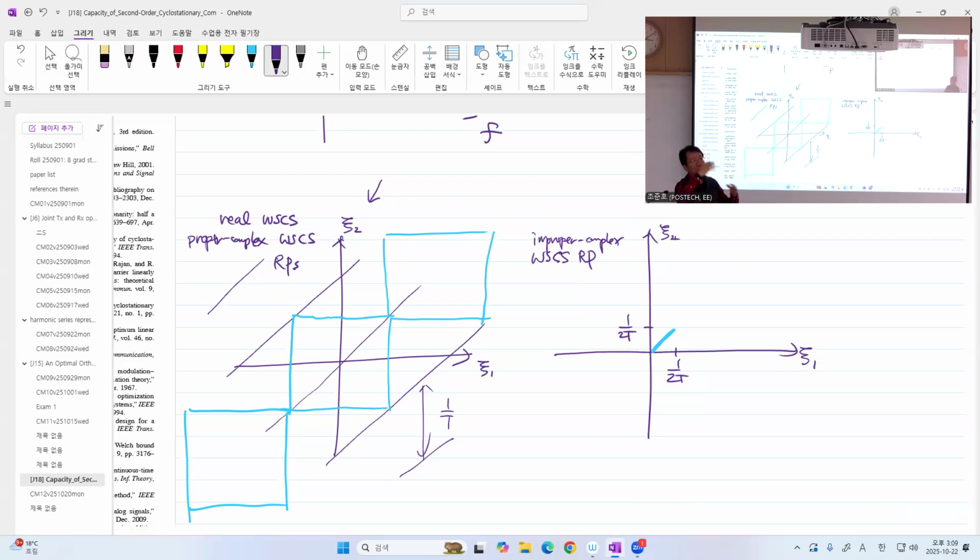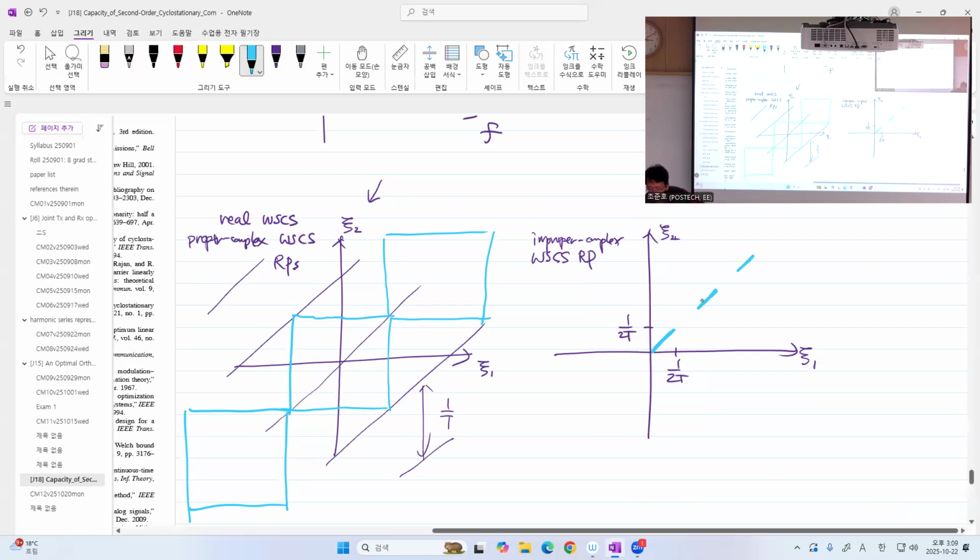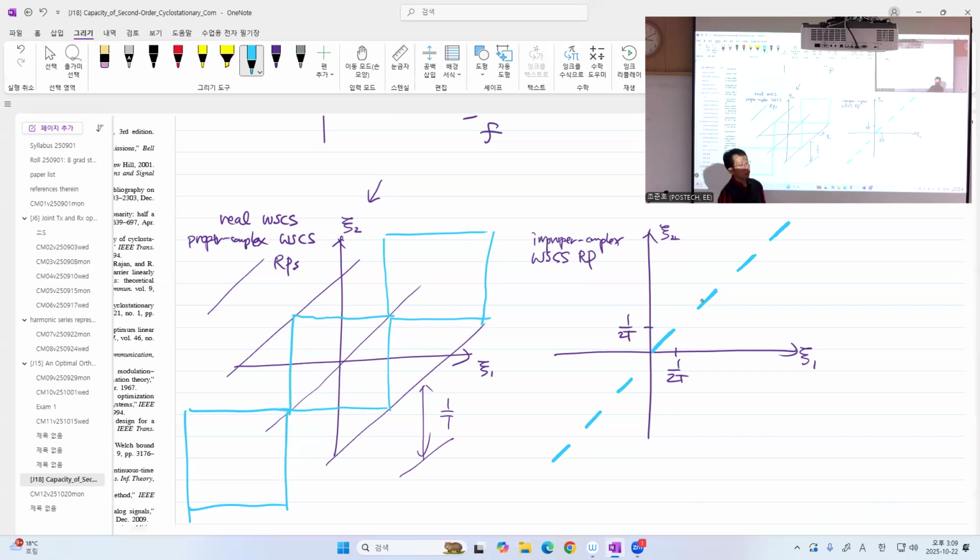And consider the power spectrum. Then you have what? That one, that one, that one, that one. And the heights of these impulse fences would be different depending on what the autocorrelation function of the original input was and depending on its frequency content, right?